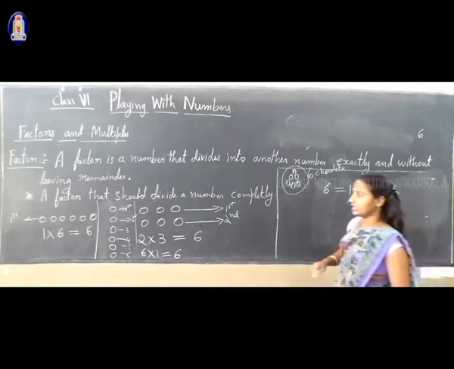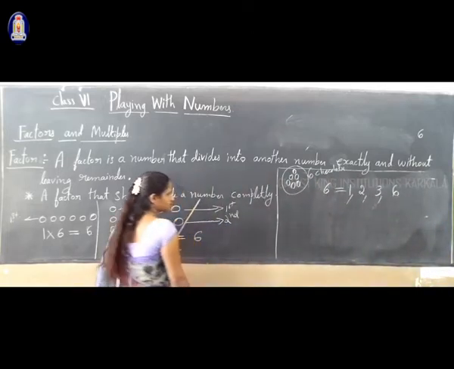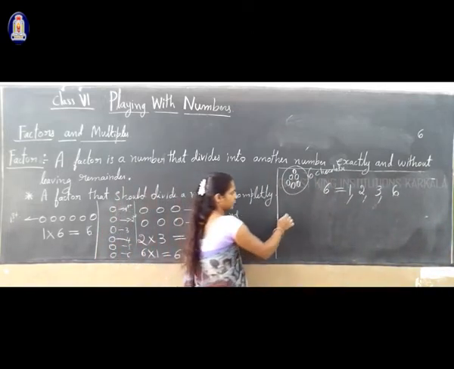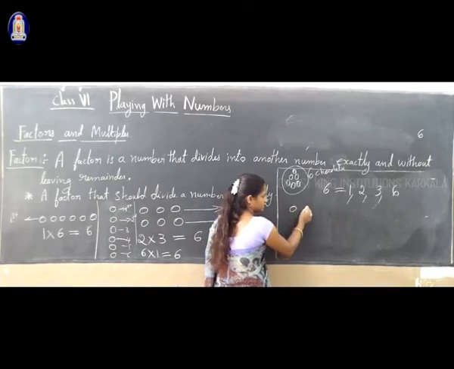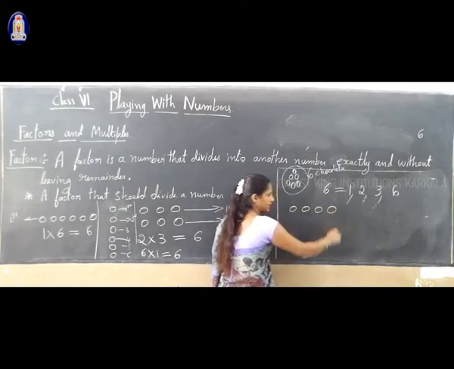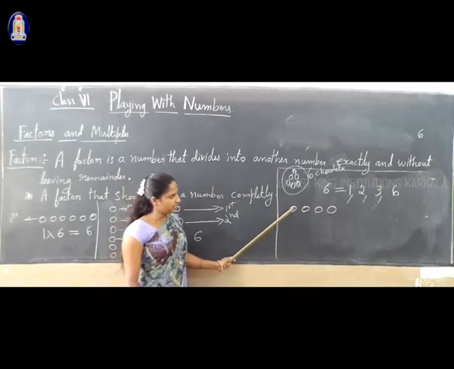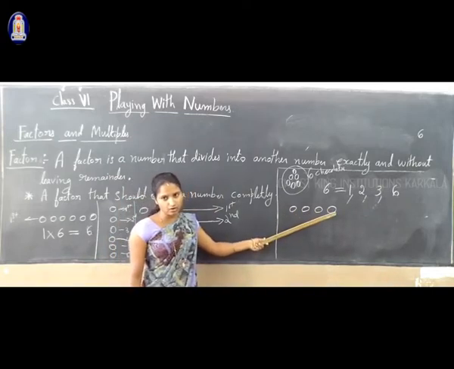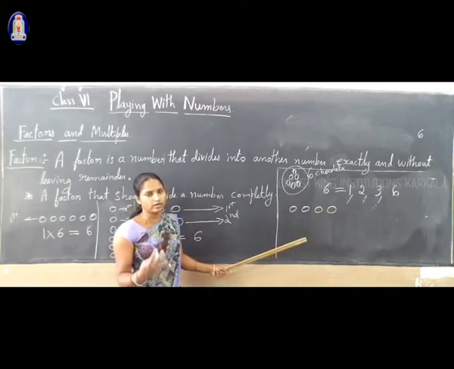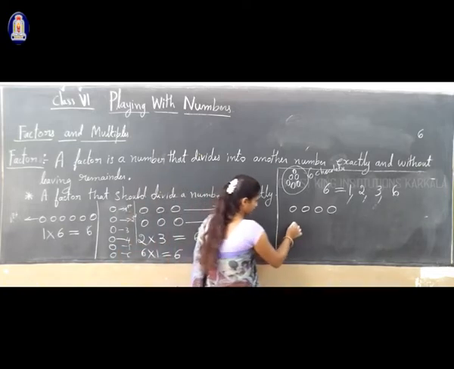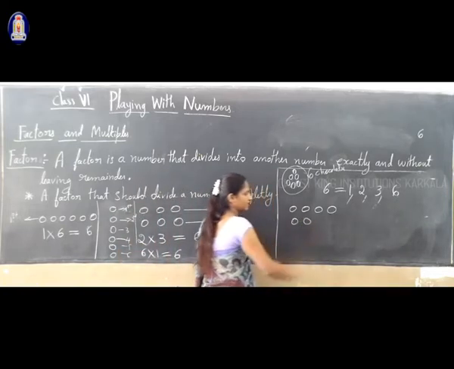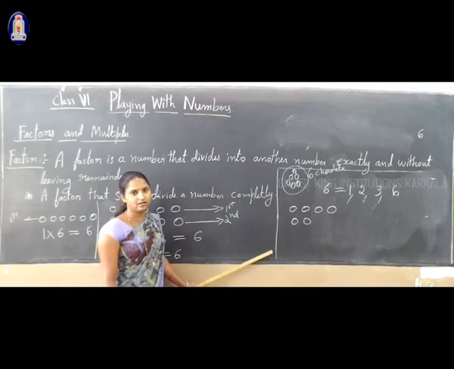So see how you can arrange these 6 chocolates. Can you arrange like this? Imagine, in the first row, if I arrange 4 chocolates, now how many chocolates are remaining? Only 2 chocolates that you must arrange in the next row. Is it possible? What is the rule?